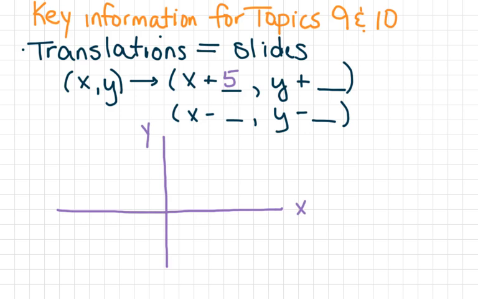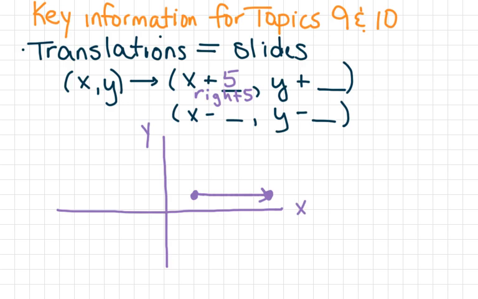So that would mean that if my X was here at 2, I would have to slide it to the right 5 spaces, and my new point would be here. So plus 5 means right 5 with the X.